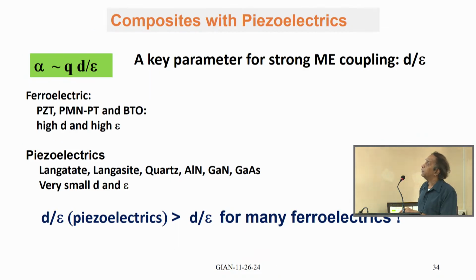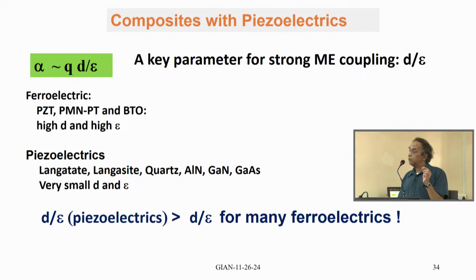So, composites with pure piezoelectrics, these are not ferroelectrics. If you apply an electric field to it, there will be a change in the linear dimension along the length, width or the thickness, and they do not have any ferroelectric losses associated with traditional PZT or PMN-PT, and also the low frequency magnetoelectric coefficient is proportional to the ratio of d to epsilon.